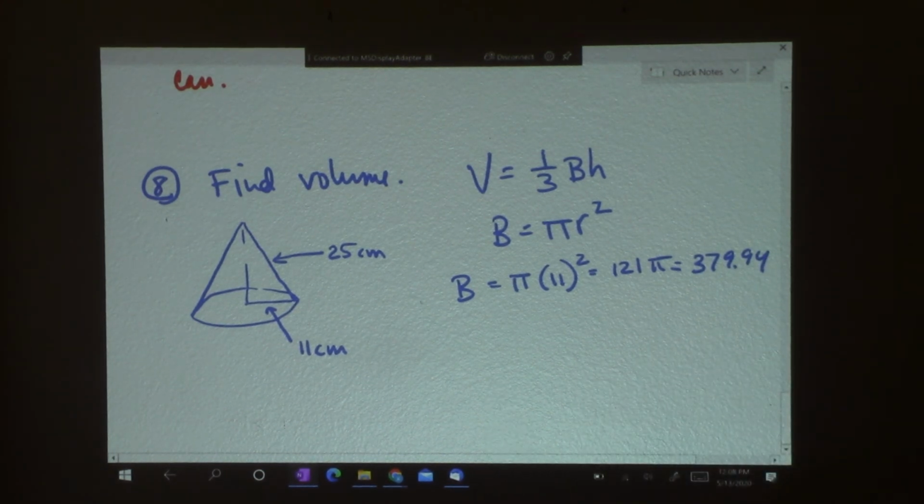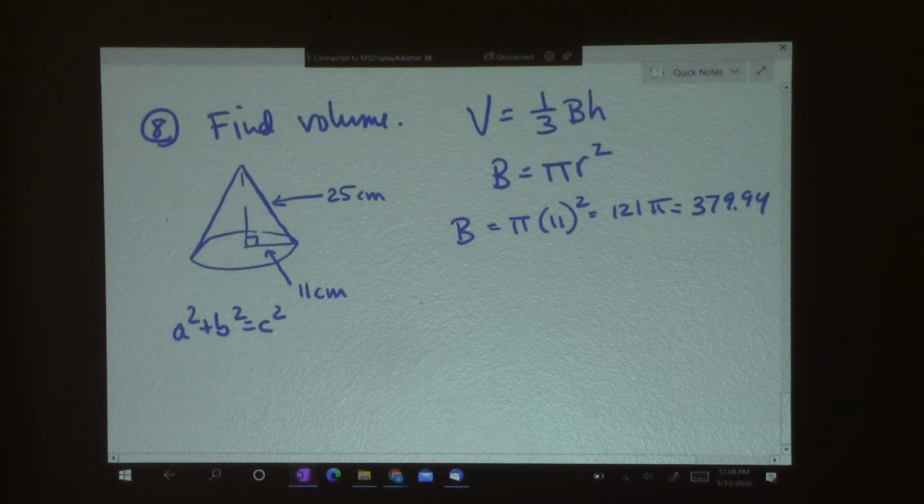Now the height. Well, the height is missing. Here's one of those where I have the lateral surface area, but I don't have the height. So let's work on that using the Pythagorean theorem. So I don't know a squared, b squared is 11, and c squared is 25.